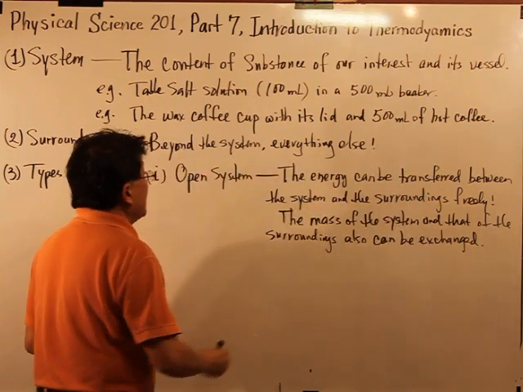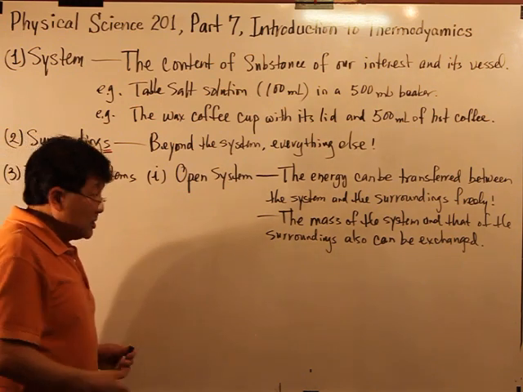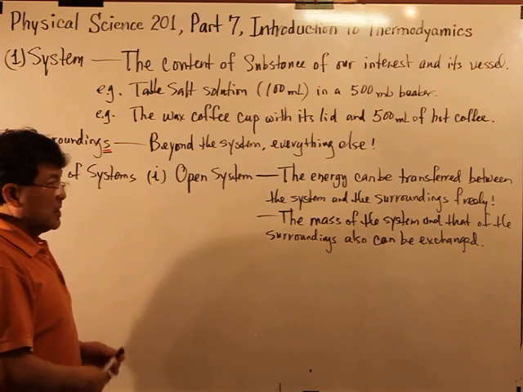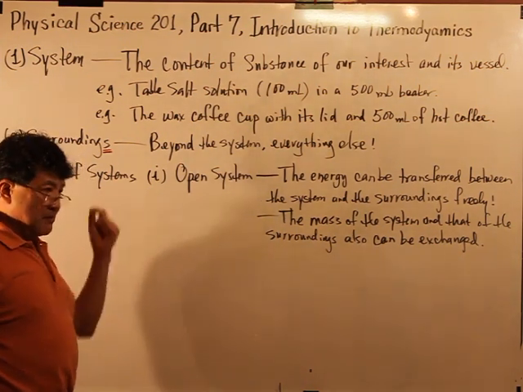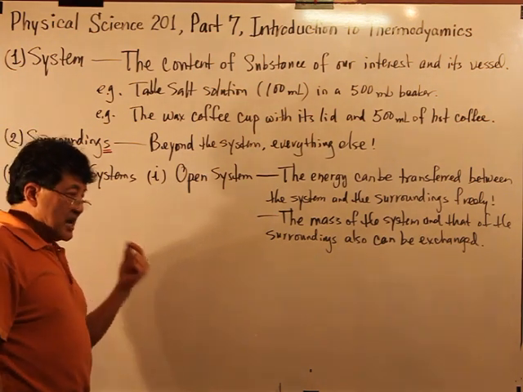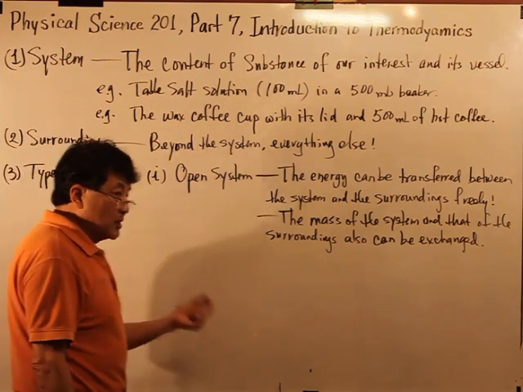Because both energy and mass can be exchanged between the surroundings and system, there are two variables, both energy and the amount of mass. That is too much for scientific study because we've got two variables and it's not easy to handle.